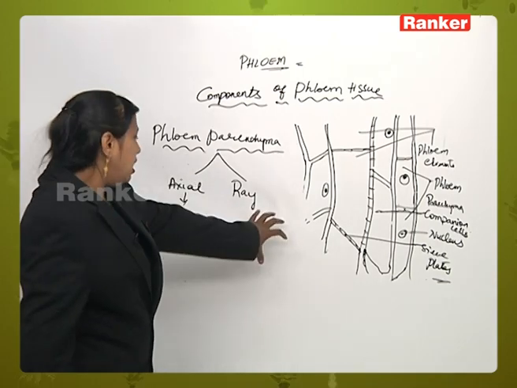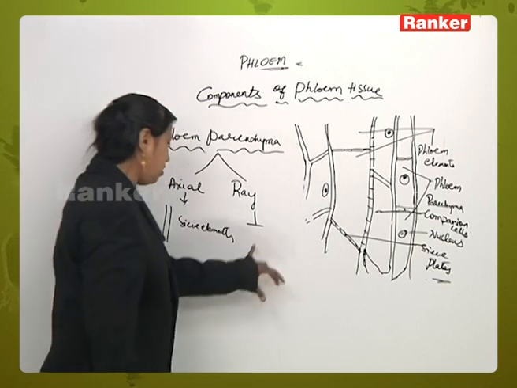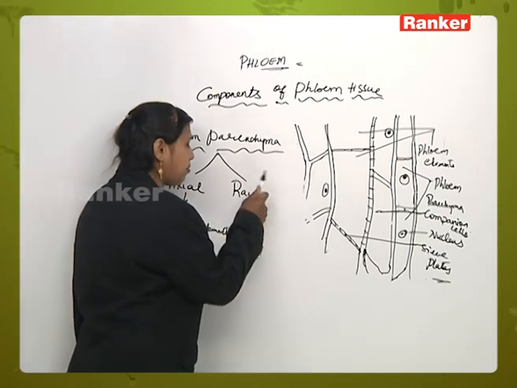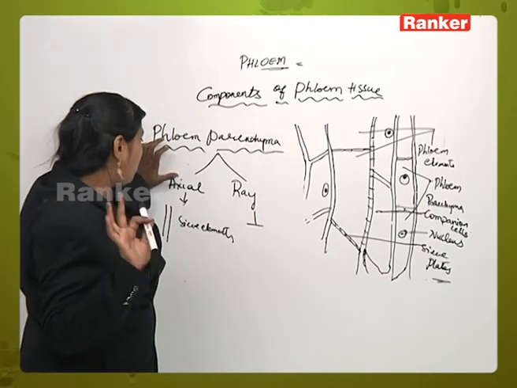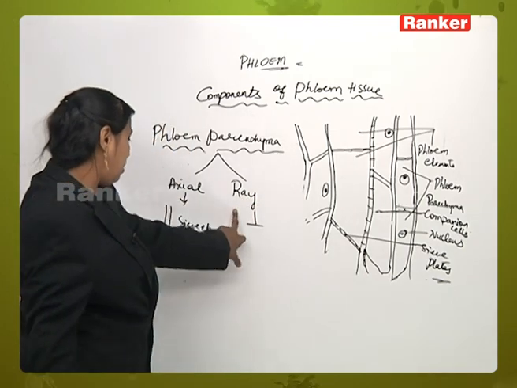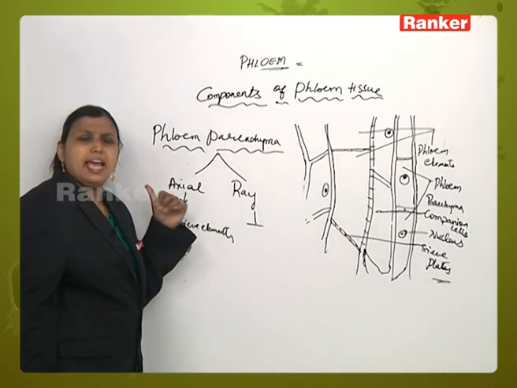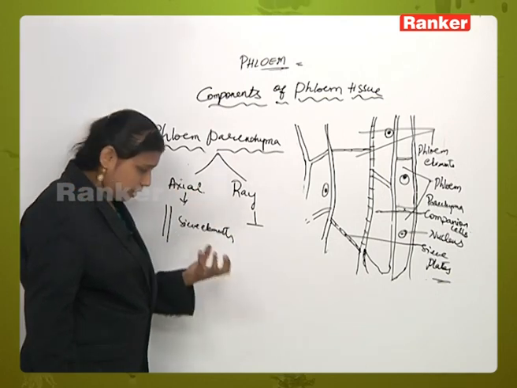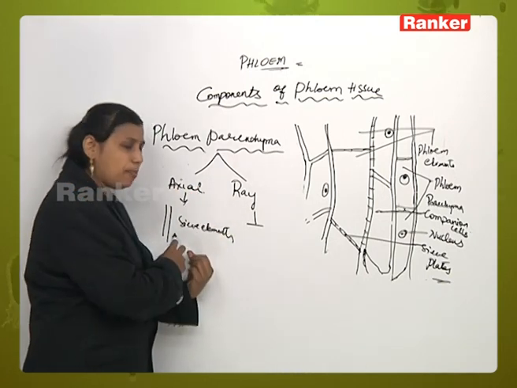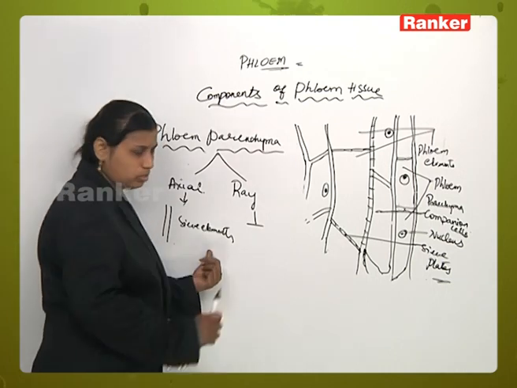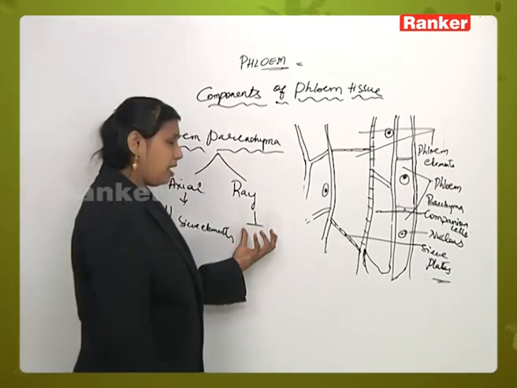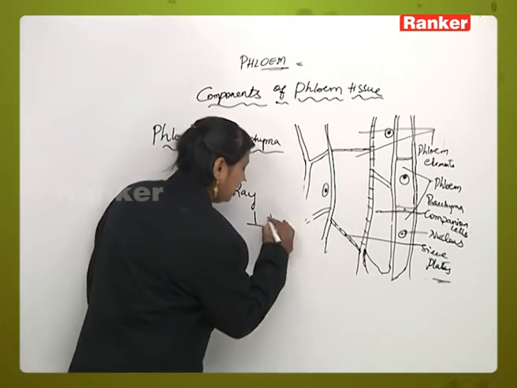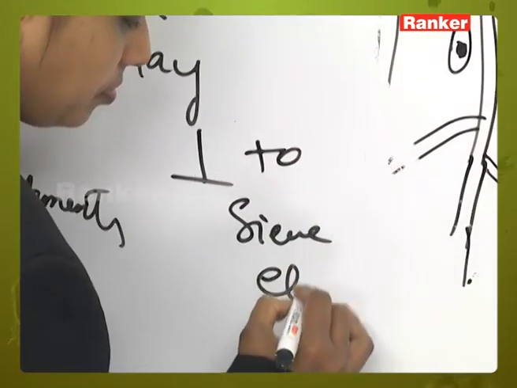And if these are arranged perpendicular to the sieve elements, then that is called ray parenchyma.